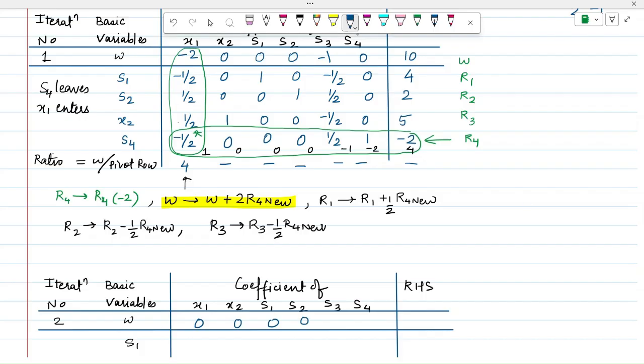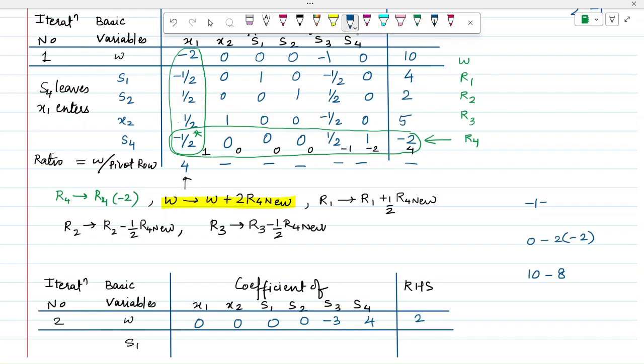Then I have -1 minus 2, right? -1 added twice, so -3. Then I have 0 minus 2 times -2, which becomes 4. And then I have 10 minus 8, which gives me a 2 here. Okay? So that's my W row.